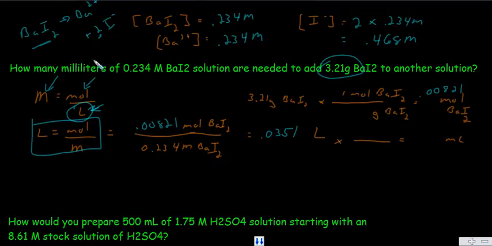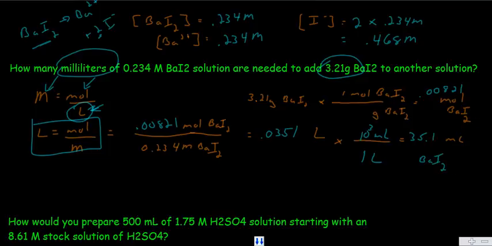But the question is asking how many milliliters. And so we need to convert those liters into milliliters. 1 liter is the same as 1,000, or 10 to the 3 milliliters. So multiply by 1,000, you get 35.1 milliliters of barium iodide solution are needed.